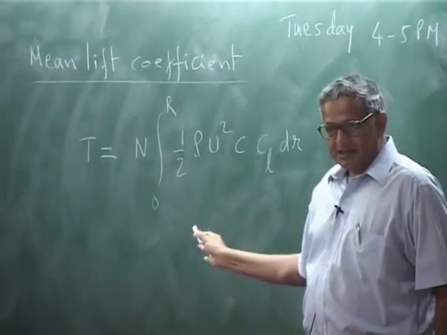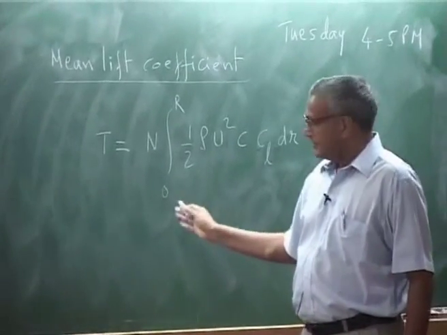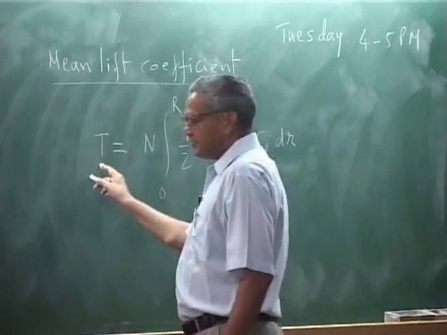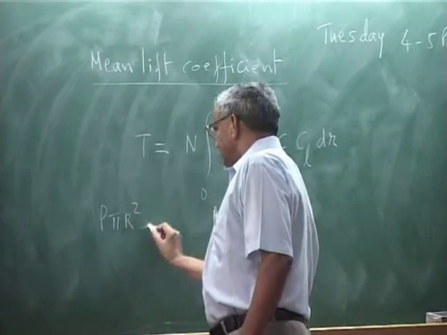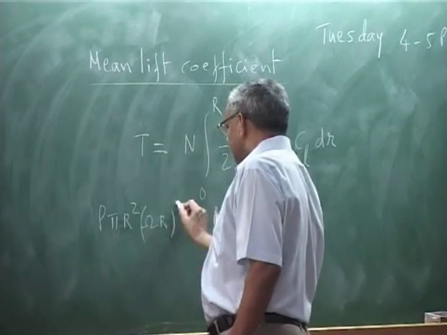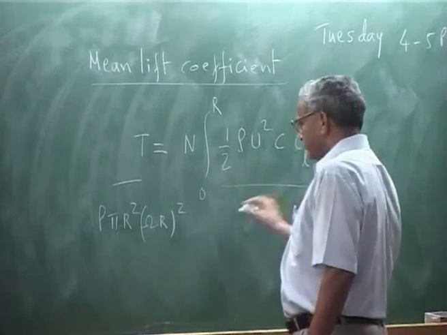You non-dimensionalize with rho pi R square omega R whole square, you divide both sides.